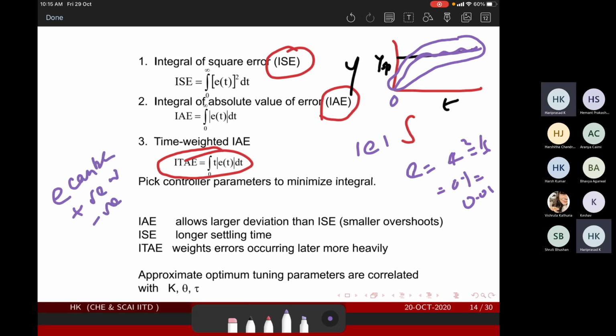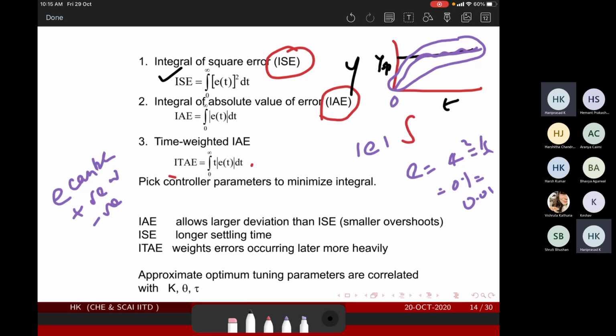So when you just take a summation, basically just an integration, its effect would be cancelled by positive and negative values. So square or absolute seems to be the better option. Okay, so that is the situation. You may use the integral. These are the performance criteria.